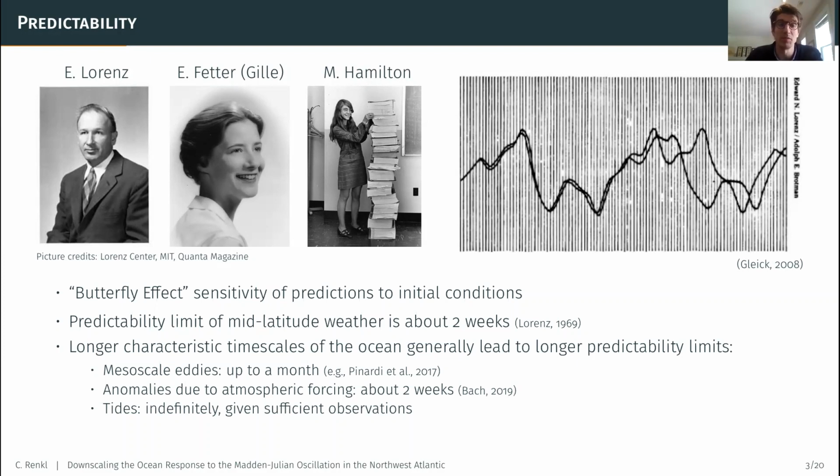For example, mesoscale eddies can be predicted up to a month, but anomalies due to the atmospheric forcing can only be predicted up to 2 weeks because they depend much on the predictability of the atmosphere. And then, for example, tides can theoretically be predicted indefinitely as long as you have sufficient observations.